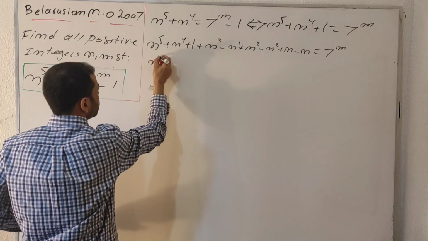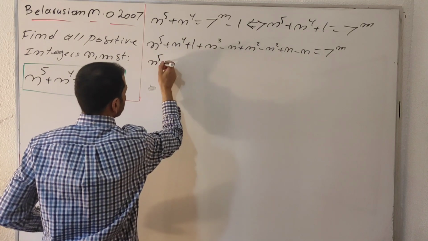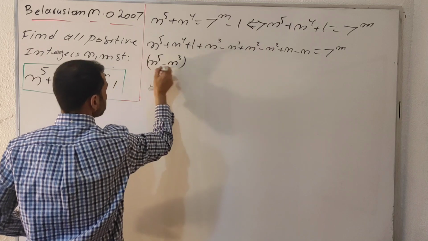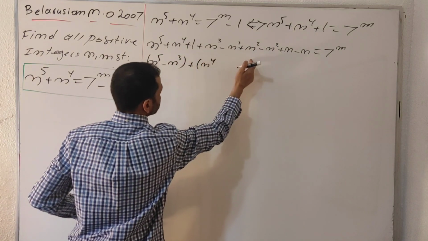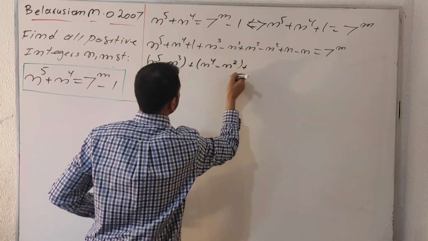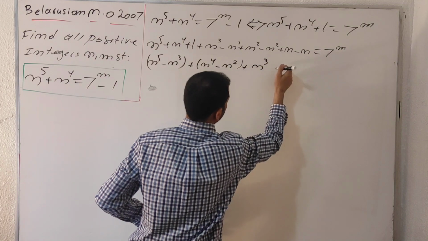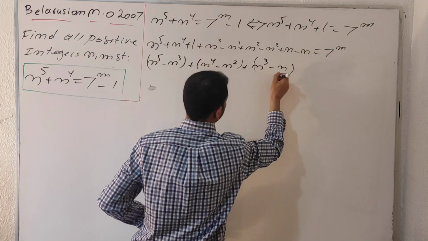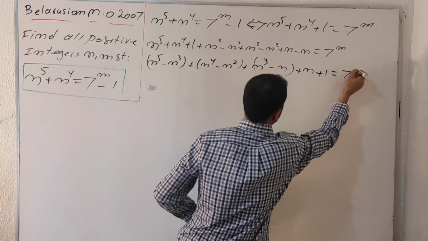I'm going to group n to the fifth with minus n cubed, n to the fourth with minus n squared, and n cubed with minus n, plus n plus 1 equals 7 to the m.